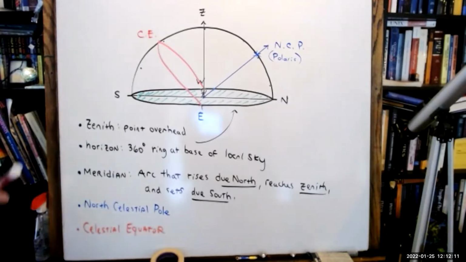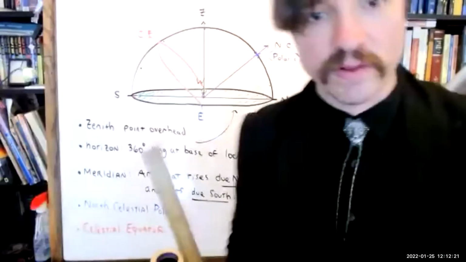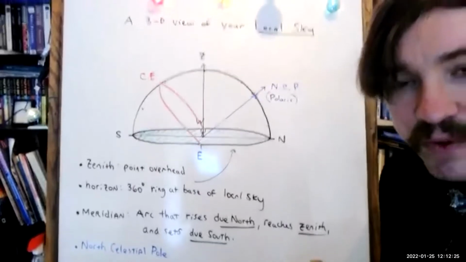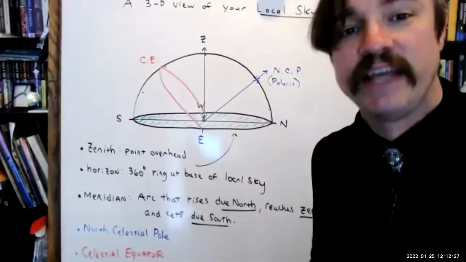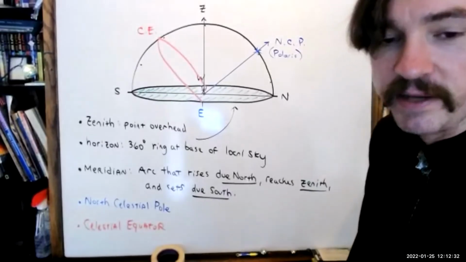Taken together, the zenith, the horizon, the meridian, the north celestial pole, and the celestial equator are known as the fundamental positions of your local sky. And these are vocabulary terms that we are going to use to talk intelligently to one another about the movement of stars in our sky.